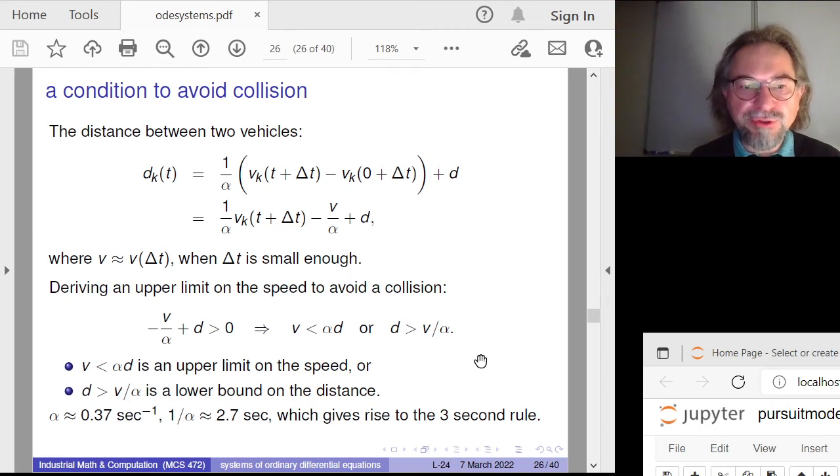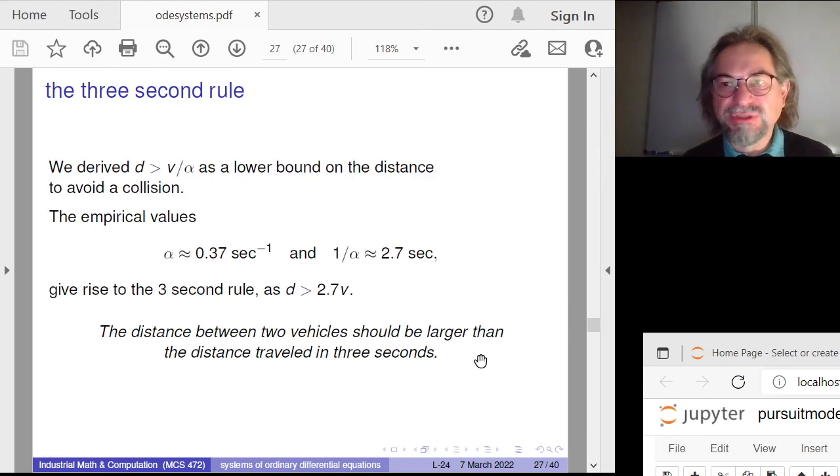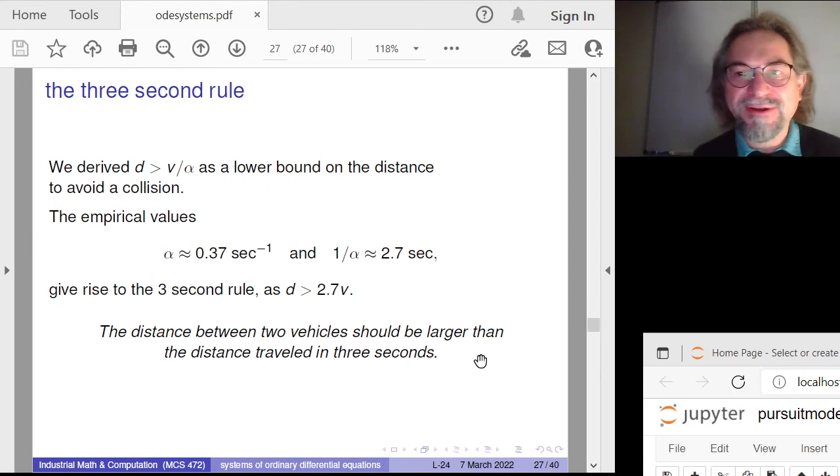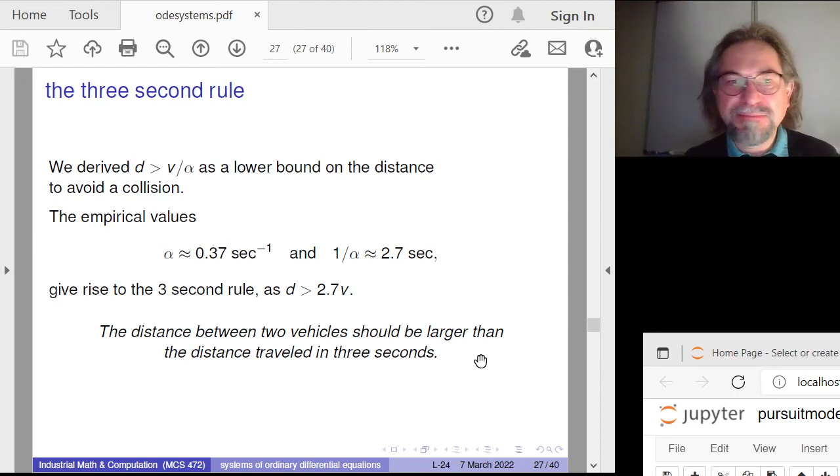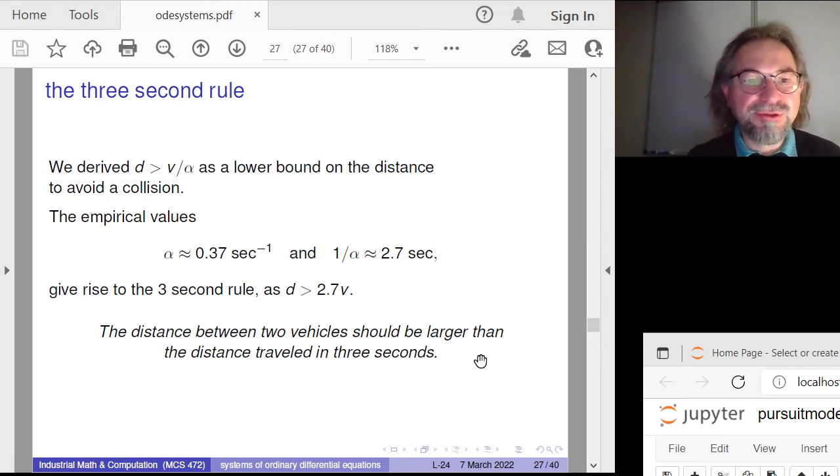And now we can interpret this alpha constant that gives rise to the 3-second rule. So in this course you will learn how to apply mathematics, but perhaps you will also realize a little bit how to become a safe driver. So there is this 3 seconds rule that is derived as follows. We have this lower bound on the distance that you have to maintain between vehicles.